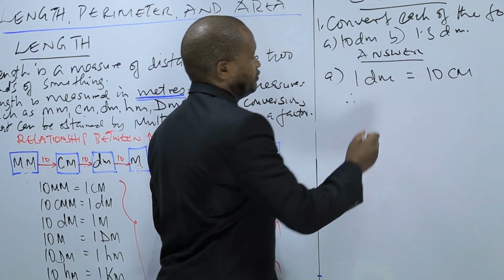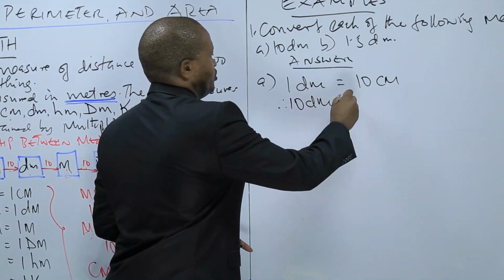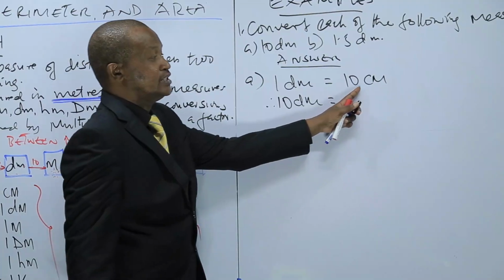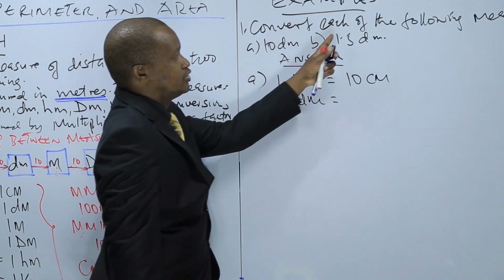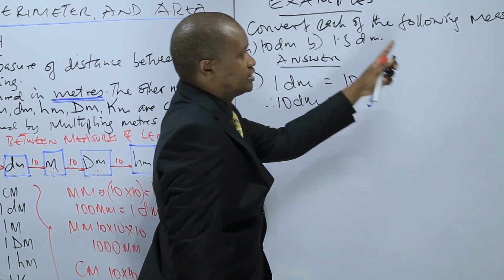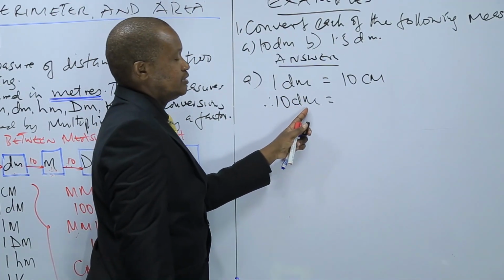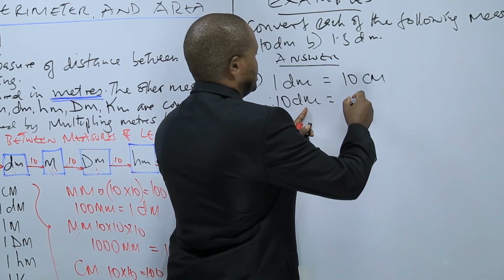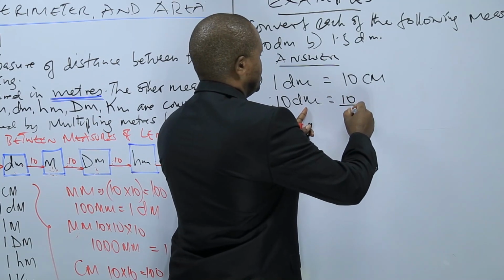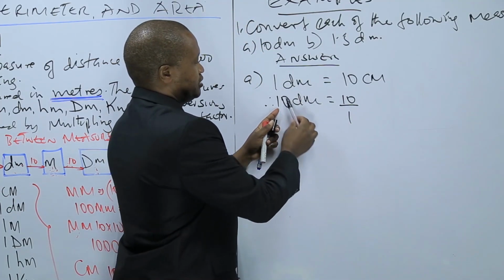Therefore, 10 decimeters will be equal to how many centimeters? That is the question. So 10 decimeters will be equal to 10 over 1. We get the reciprocal here.